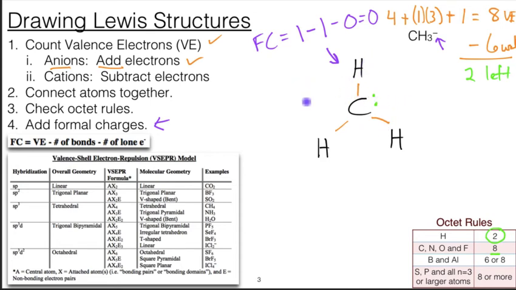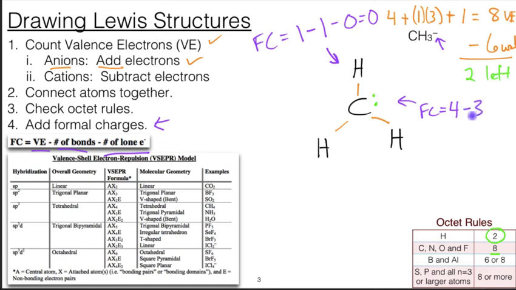Let's do the formal charge on that carbon so we can see what in the world is going on. Formal charge here, just like any other atom: valence electron count first, minus the number of bonds, minus the number of lone electrons. Again, not lone electron pairs. Lone electrons, the actual number of dots that you see.